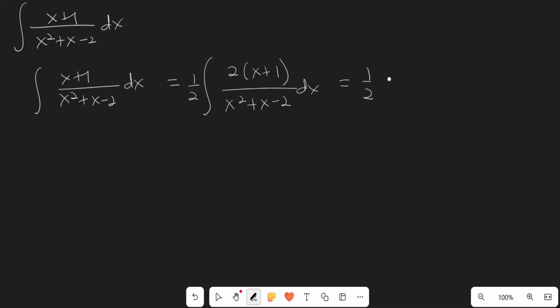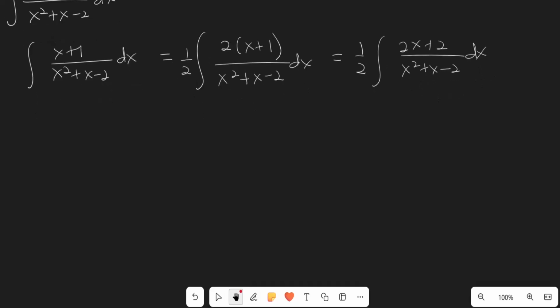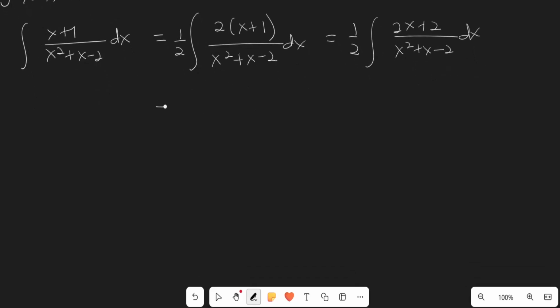So we have 1/2 the integral, which can now be split. This is 2x plus 2 all divided by x squared plus x minus 2 dx. Now here, in the integral 2x plus 2, instead of 2, permit me to write it as 1 plus 1, all over x squared plus x minus 2 dx.